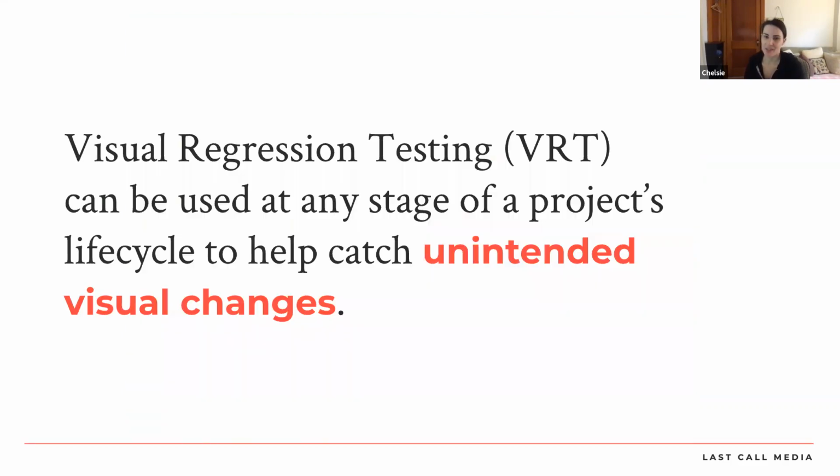So visual regression testing, VRT, I'm going to say VRT a lot to get around that mouthful, can be used at any stage of a project's lifecycle to help catch unintended visual changes. So VRT protects against unwanted changes to web pages, and it's just one type of testing tool that you can use.